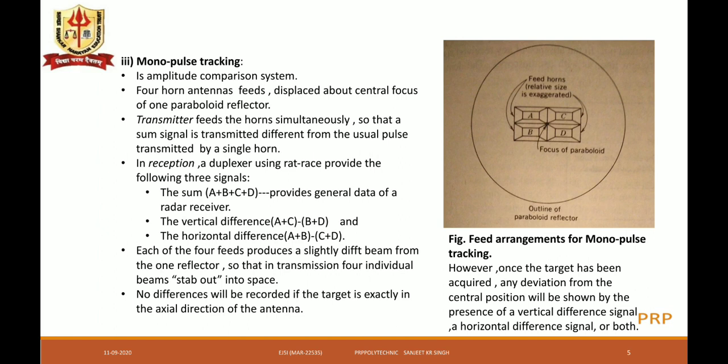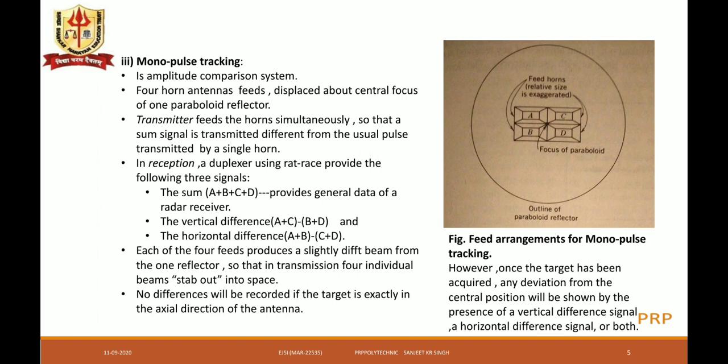Each of the 4 feeds produces a slightly different beam from the one reflector, so that in transmission 4 individual beams step out into space.